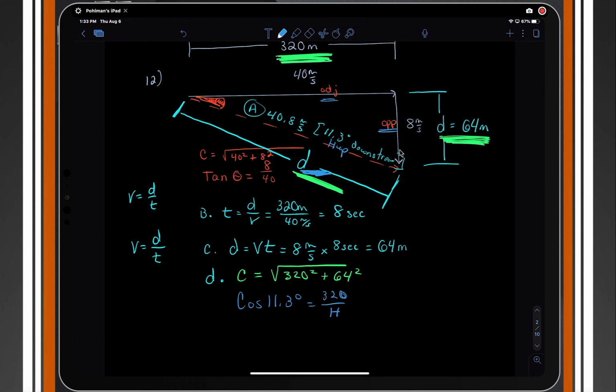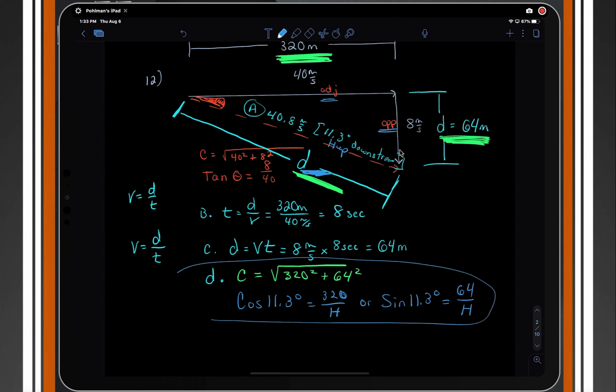Or you could even say sine 11.3 degrees equals your 64 divided by the hypotenuse. What you're going to find is that all three ways will get you the exact same value for that distance. So there's a lot of different choices that you have.